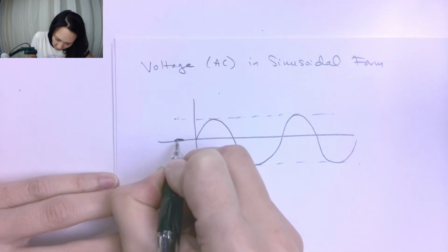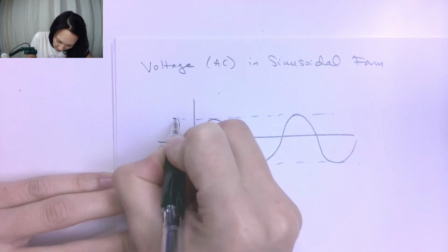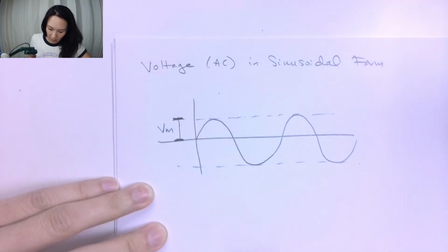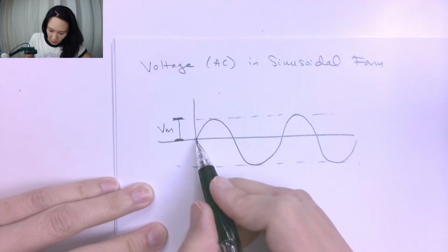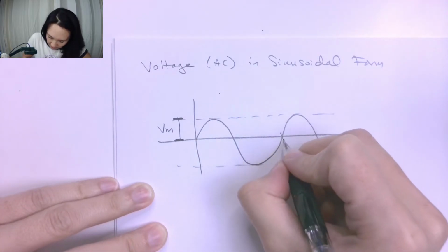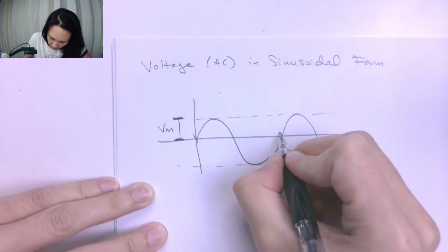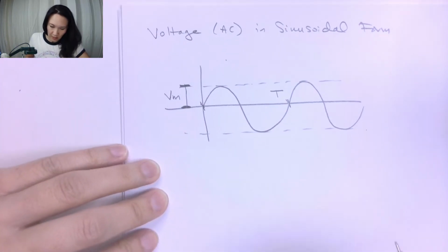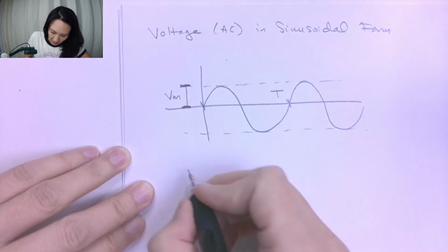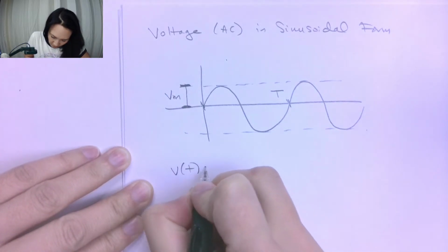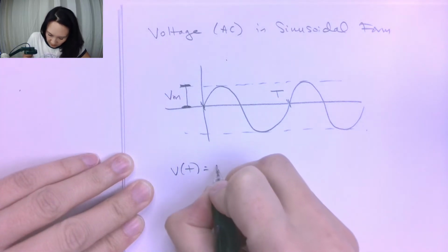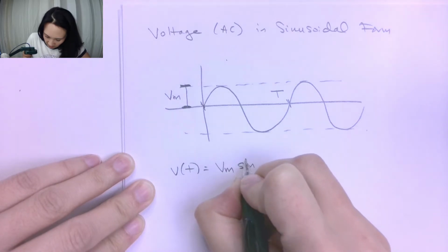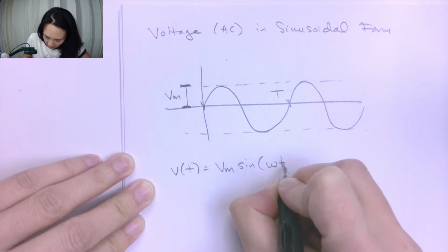The distance from the zero axis to this peak is going to be our maximum voltage, Vm. And then the time it takes to complete one cycle of this is going to be the period. So from here to here is going to be period T. Now the formula for this is voltage as a function of time is going to be the maximum voltage times the sine of omega t.